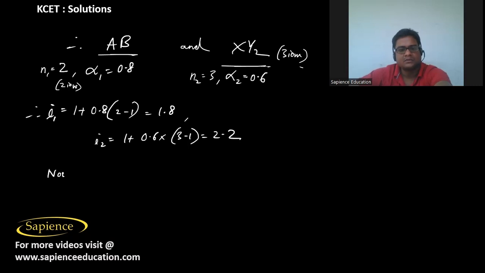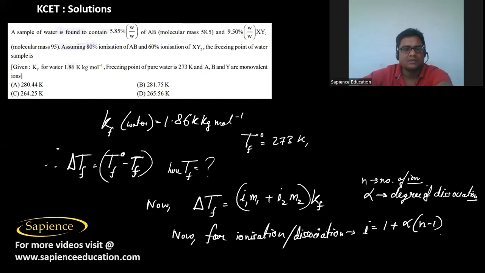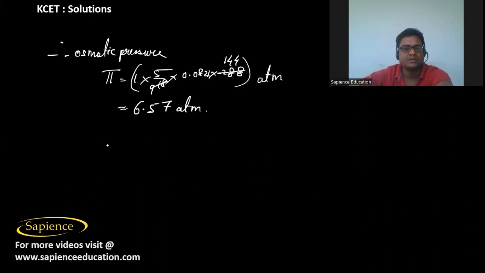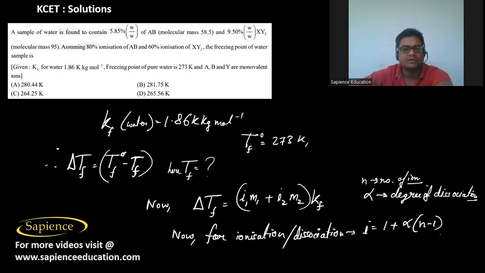So now M1 is the molality of the first solution. Here it is told it contains 5.85% weight by weight. So 5.85% weight by weight means that 5.85 gram of AB is present in 100 gram of the solution.